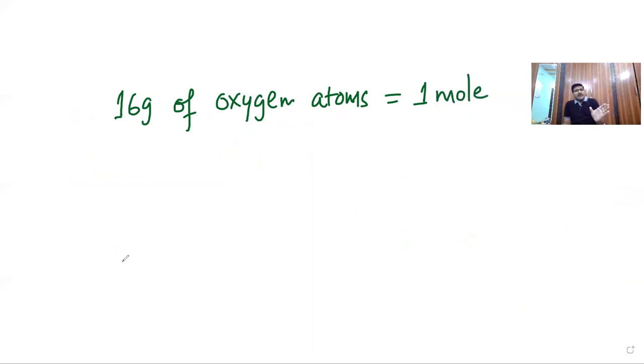Simple. 1 mole of oxygen atom is equal to 16 grams. Earlier we have seen. Now the statement I am reversing. The mass of 16 grams of oxygen atoms is equal to 1 mole. Because in the question he has asked how many moles are present. That's why I am reversing the statement.